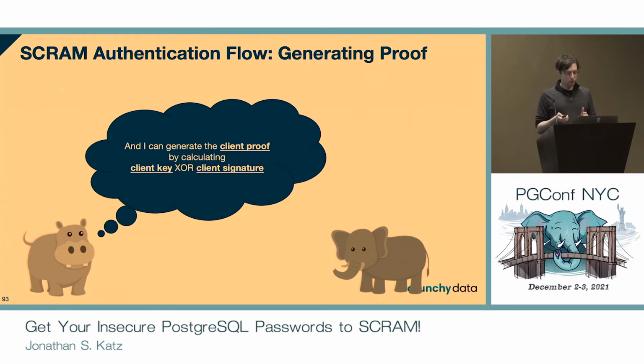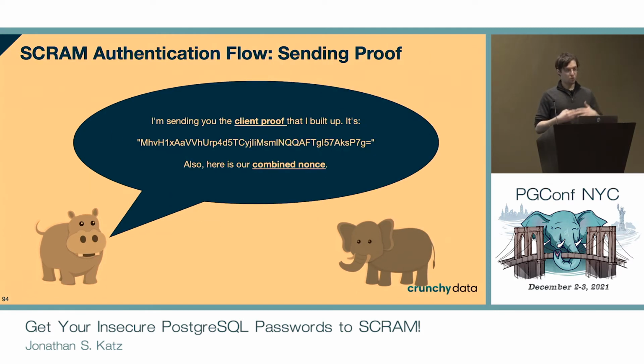And what we do from there is put it into a base64 format, and we take that nonce we had generated in the beginning, and we send that up to Postgres. So what we're ultimately sending up is the client proof and the nonce, to make sure that we're still in the same session. We're going to remember what that client proof is, because this is the step where we can now verify the client knows the password.